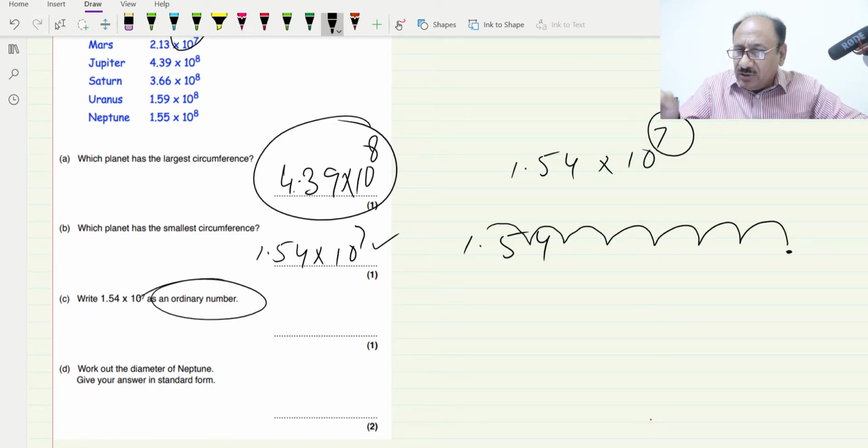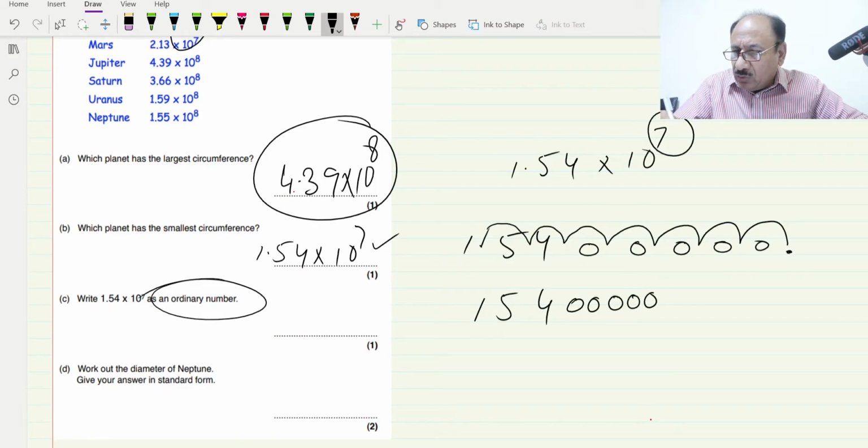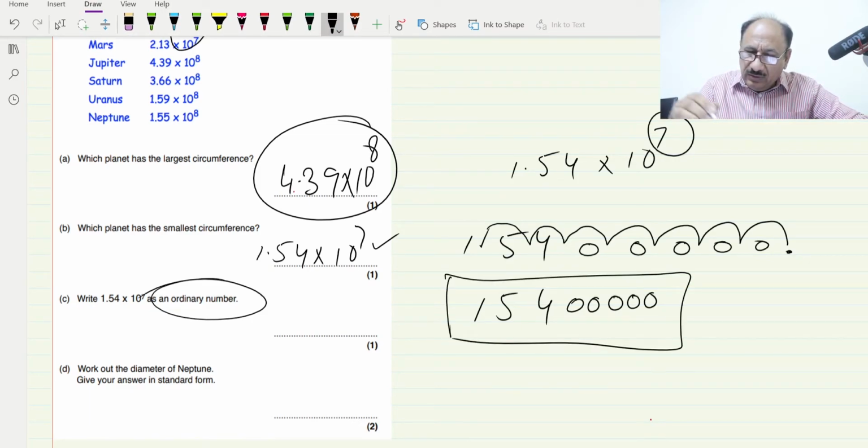We write zeros in these gaps. So our answer will be 154 followed by 1, 2, 3, 4, 5 zeros, and you can write point 0 or there is no need of this. This will be your final answer for the expanded form.